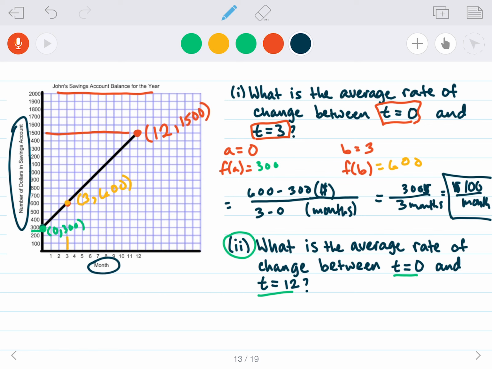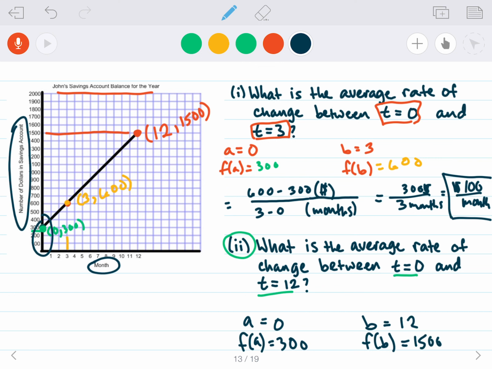So here, our starting value A is 0, and f of A is 300. That's our starting value. And then B, our ending input, is 12, and our ending output is 1500.